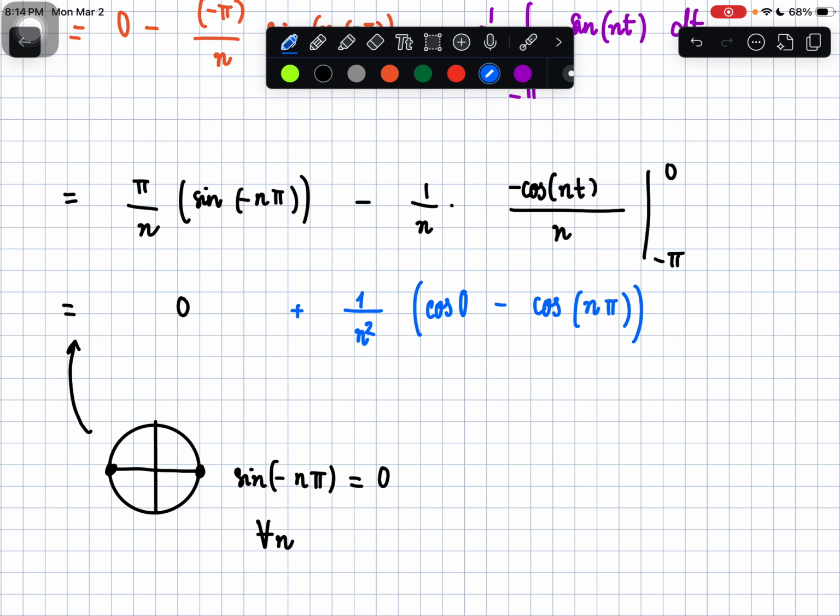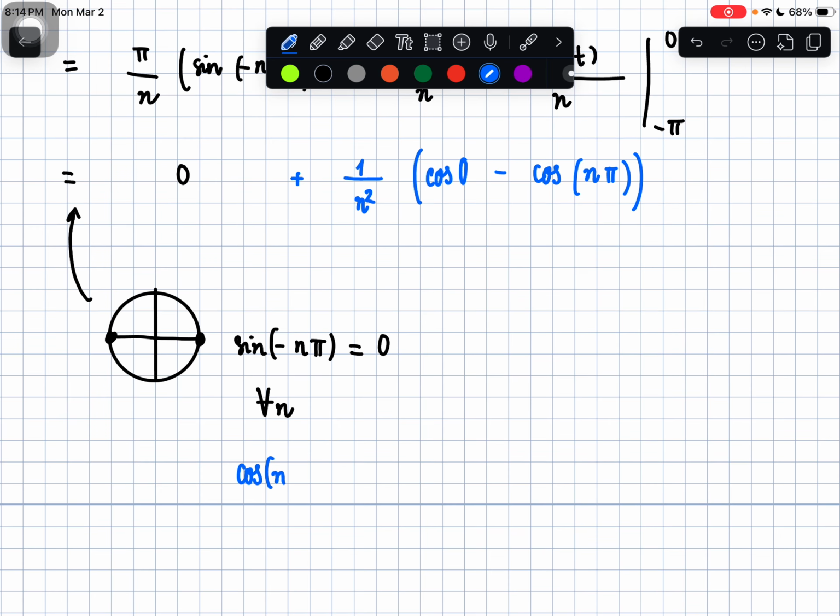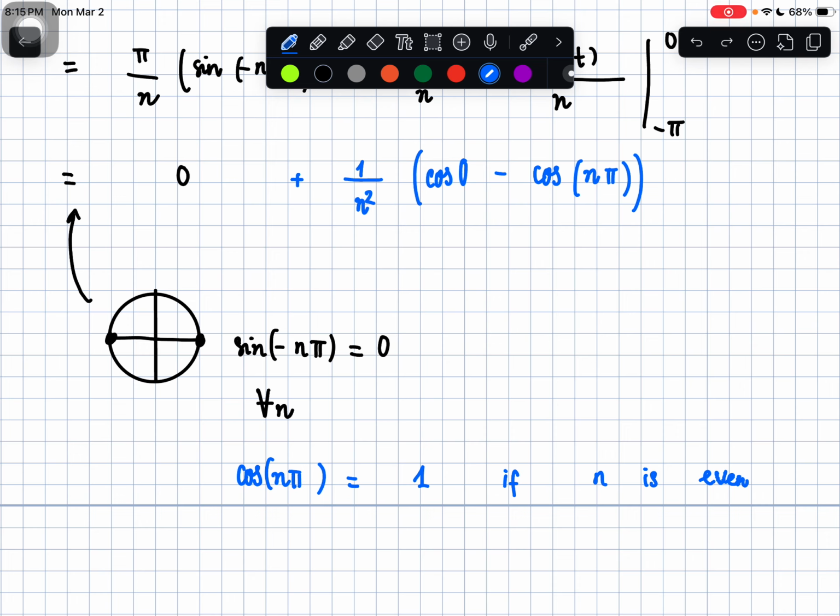Here cosine 0 equals 1. For cosine n pi: cosine 0 pi, cosine 1 pi, cosine 2 pi, so cosine n pi alternates: 1 if n is even, and equals minus 1 if n is odd.